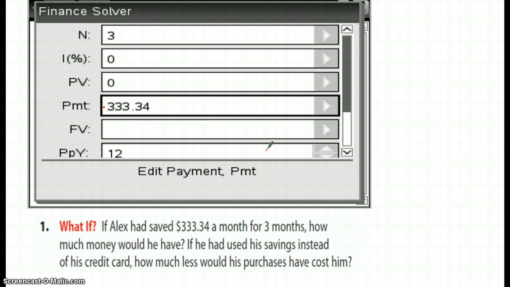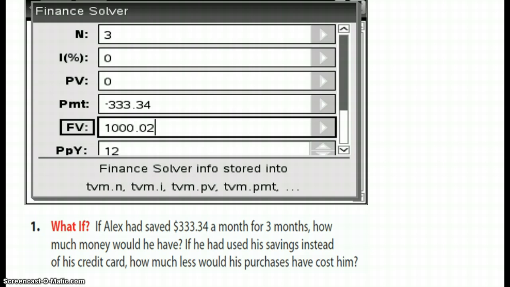So again, you can make the $333.34 negative, and then we're going to solve for future value. Once we put the cursor on future value and hit enter, you'll see that if he did save that amount for 3 months, he would have $1,000.02.